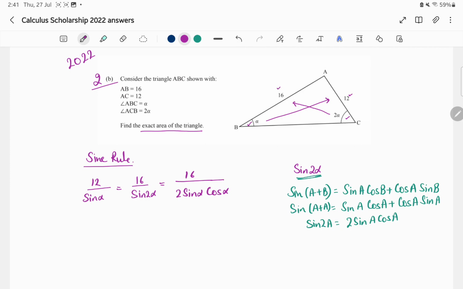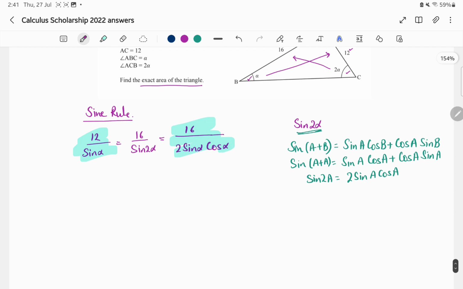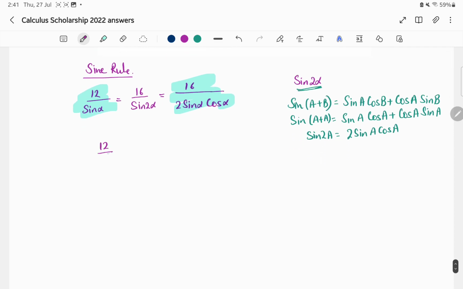All right. So now if we equate the first and the last, let's see what we get. So we will get 12 over 16 is equal to sine alpha over 2 sine alpha cos alpha. Sine and sine cancel.